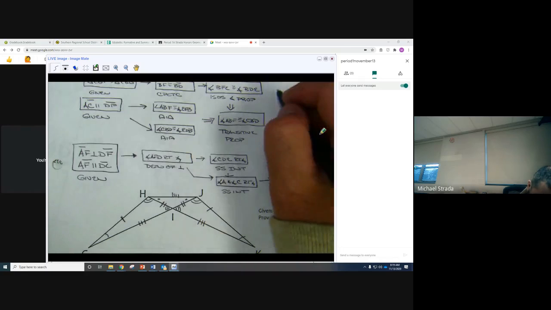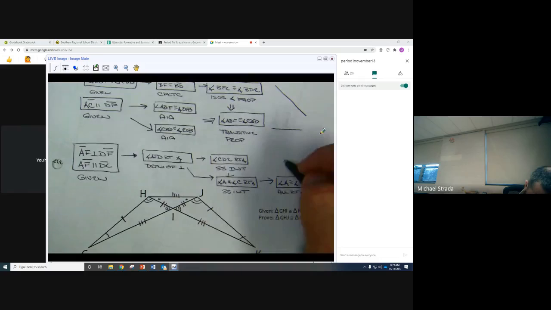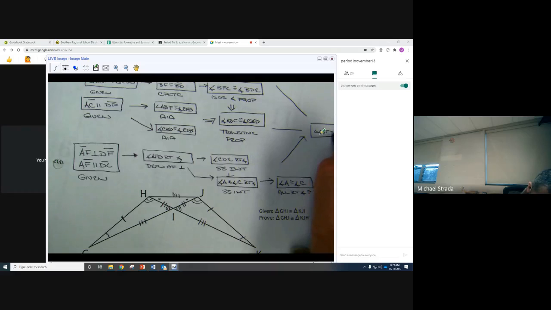And we combine all those, finally say triangle ABF congruent to triangle CBD. And that was angle side.